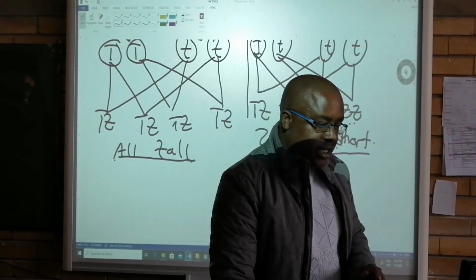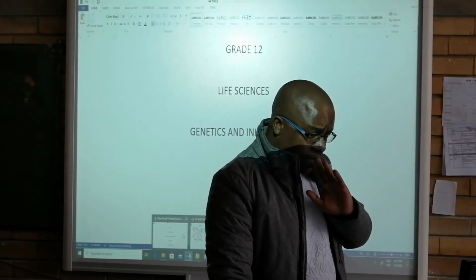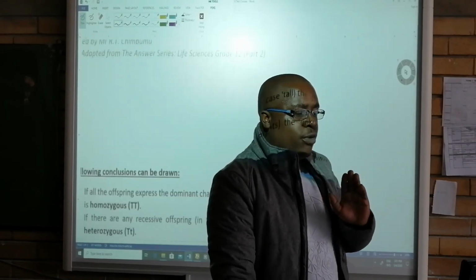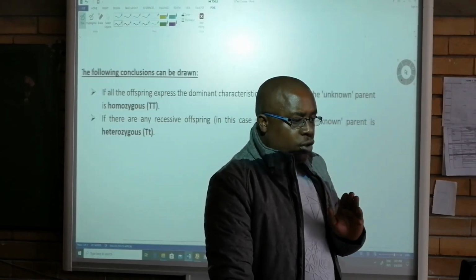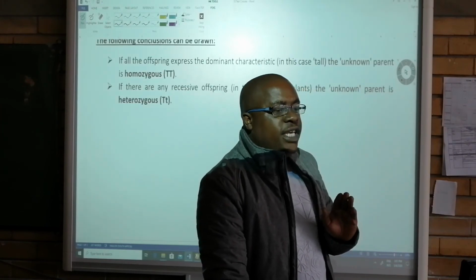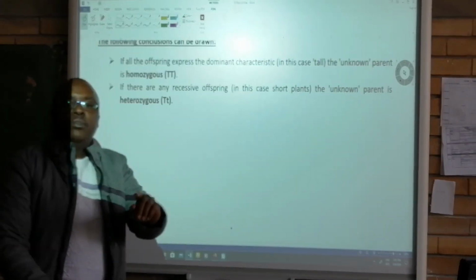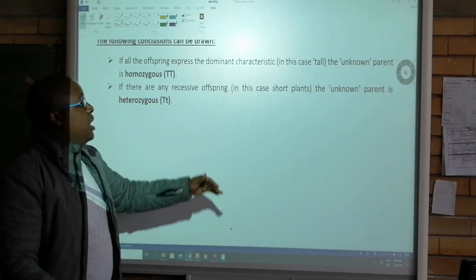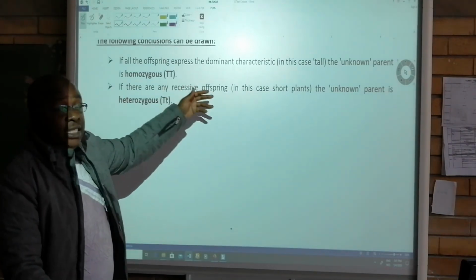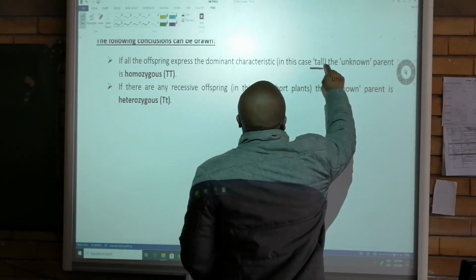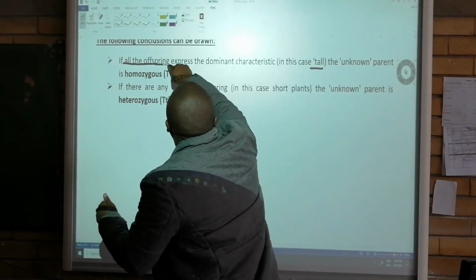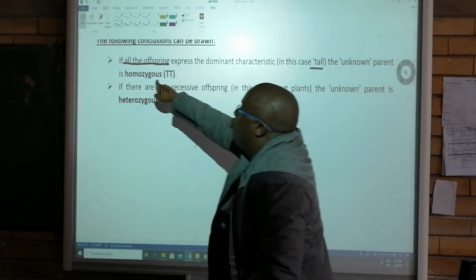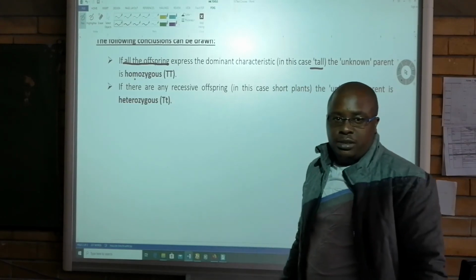Now walk with me. Look at this. Just to finish up this thing, so that we move on. What conclusions can we bring out from this? These are the conclusions that we can have. If the offspring express the dominant characteristic, in this case height in pea plants, and the dominant characteristic is tall, if all the offspring are expressing the dominant characteristic, it means that the unknown parent must be homozygous dominant.